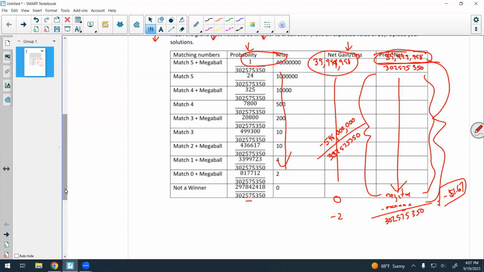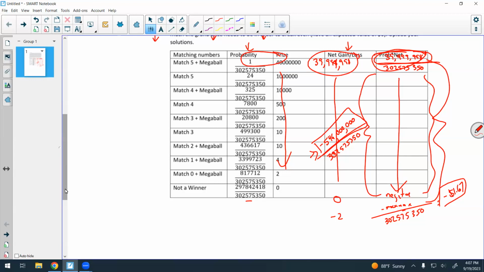So in order for this to be 0, I need this to be the positive version of that. So that's what the price would have to be for it to break even.